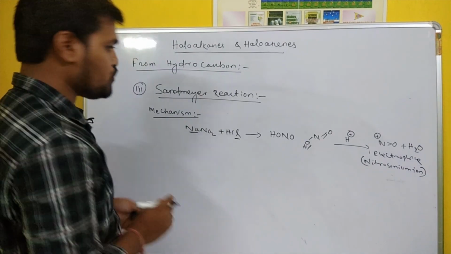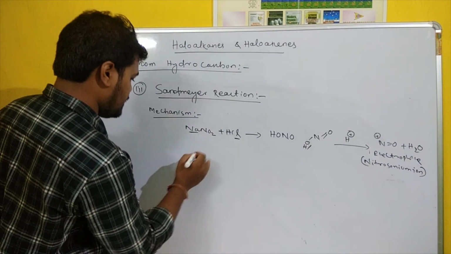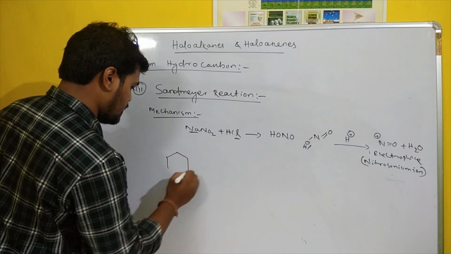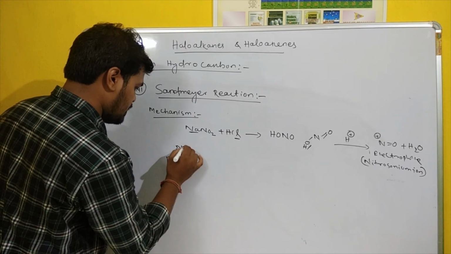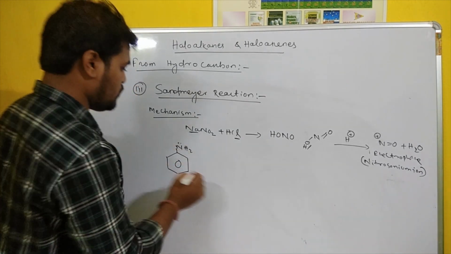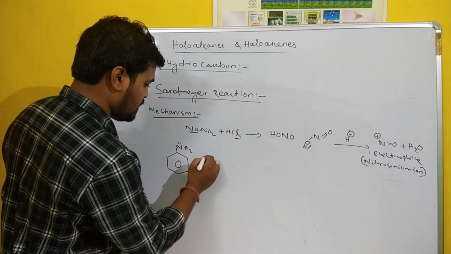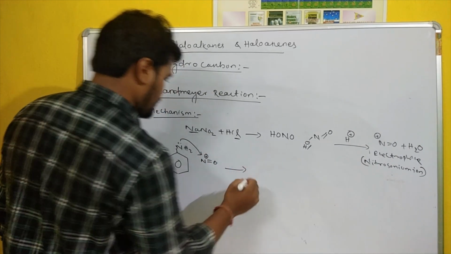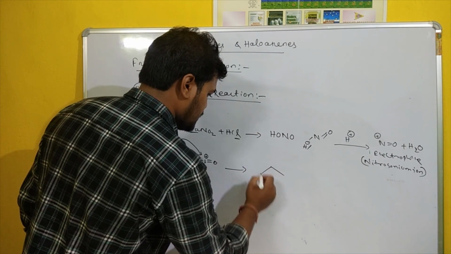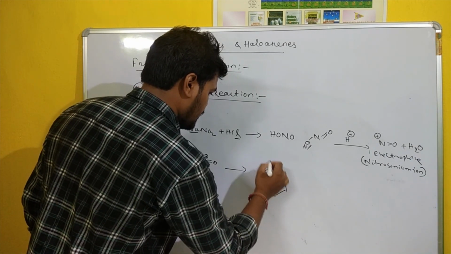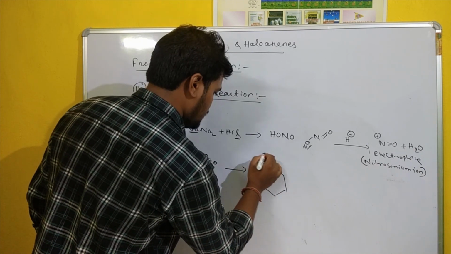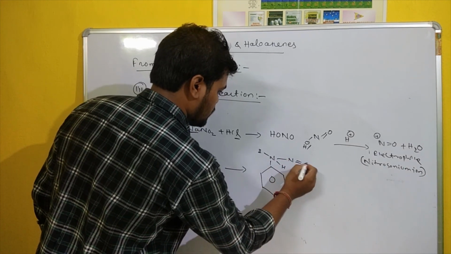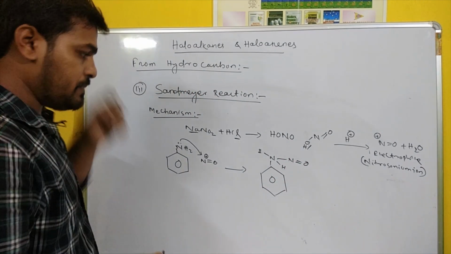So basically that nitrosonium ion is attacked by a nucleophile, or basically that NH2. Nitrogen contains one lone pair, and that lone pair attacks the N plus O. So the compound is benzene N H single bond N double bond O. So basically this intermediate is formed.